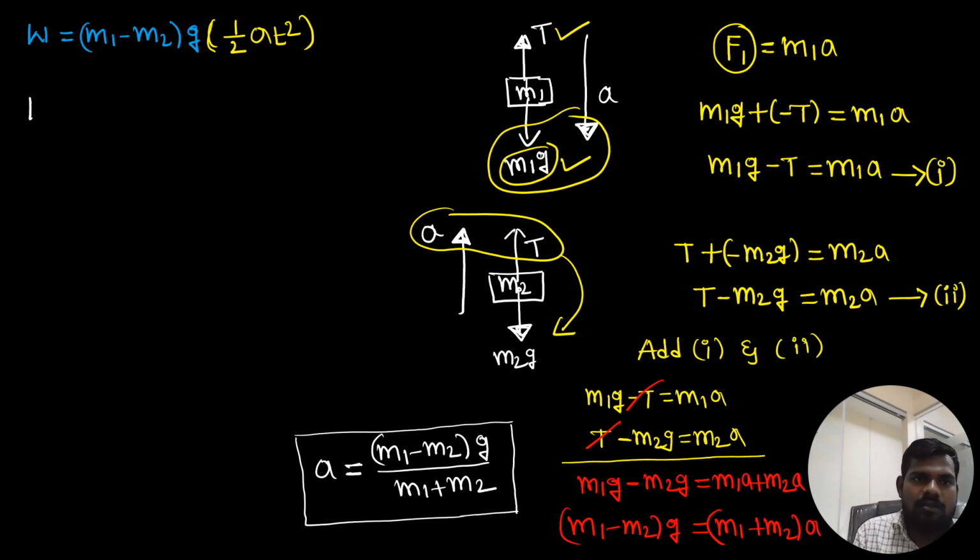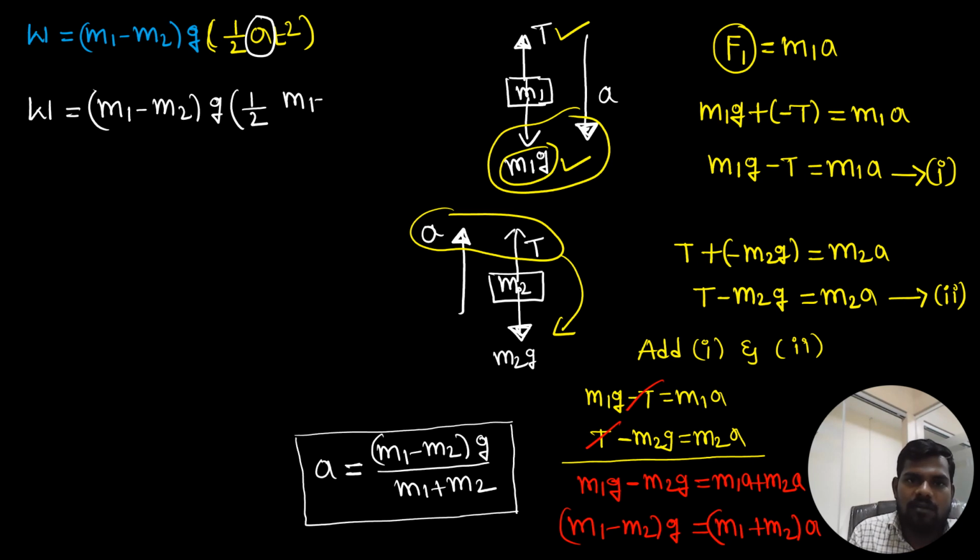Then finally W is equal to m1 minus m2 into g into 1 by 2, times the acceleration. Now this value I will substitute: m1 minus m2 into g by m1 plus m2, times t square.